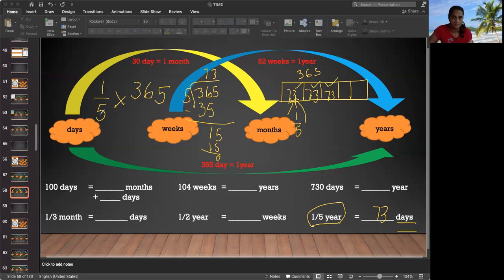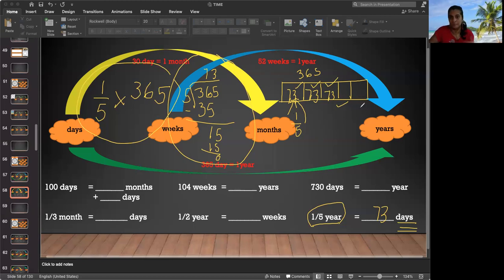You are taking 365 and dividing it by 5. That's what you did. So the same thing, 365 divided by 5, and you will get 73 days. It's just two ways of understanding it. Either you can understand it using the drawing method, or you can understand it as just multiplying. Sometimes this is a little easier, sometimes this may help you to understand what's actually happening.